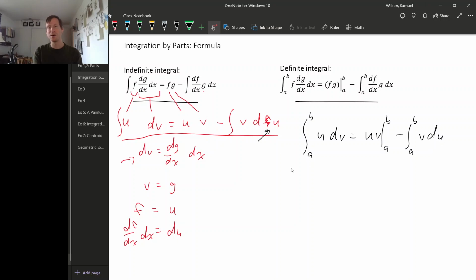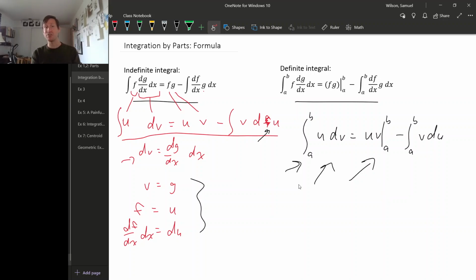So same formula, but with bounds. With a little practice, you can use integration by parts without writing everything out piece by piece like this. You can just use these formulas to write it all out in one line. It does take some practice though, so don't rush to get to that point.